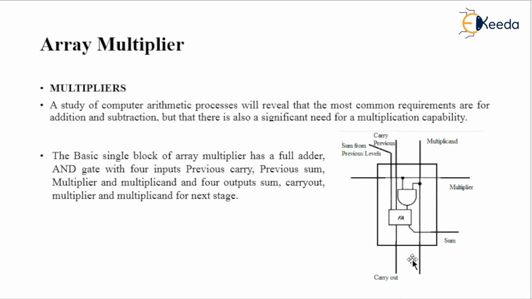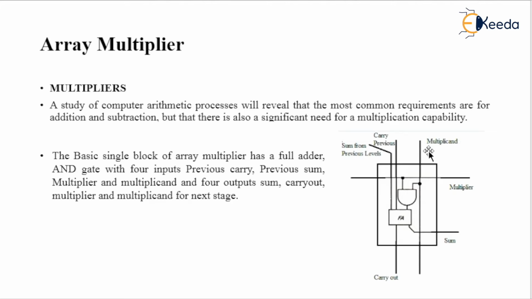It also has four outputs: two from the full adder, sum and carry out, and another two are multiplier as well as multiplicand. This multiplier input is for the single block of the array multiplier, and it is also acting as input for the next stage. So that's why this multiplier is an in-out signal.